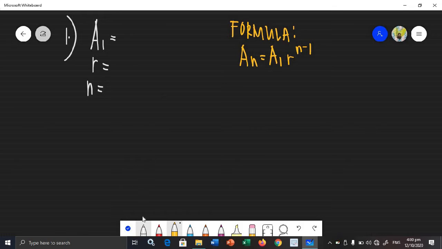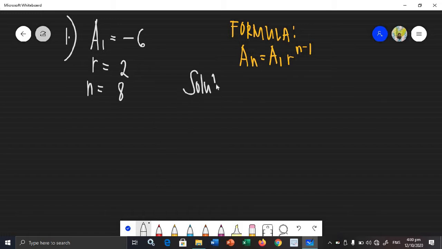So in our first problem, the first term in the sequence is -6. The common ratio is 2, and your n is 8, kasi ang hahanapin mo dito yung pang-8 term. So, using this formula, we are just going to substitute the given in the formula.